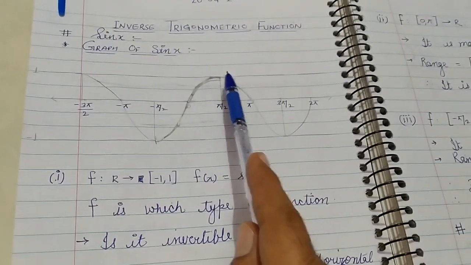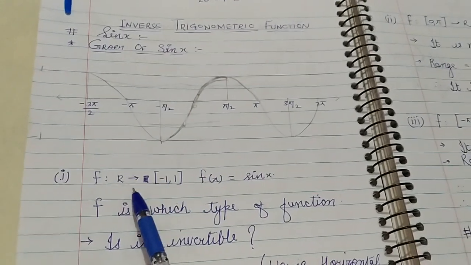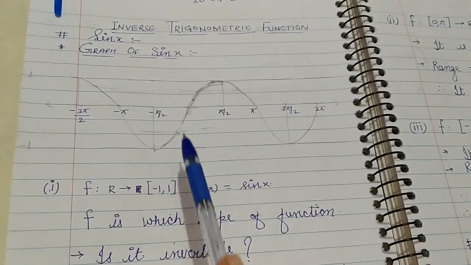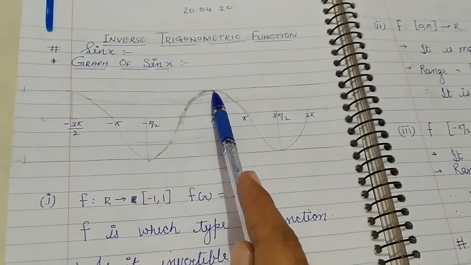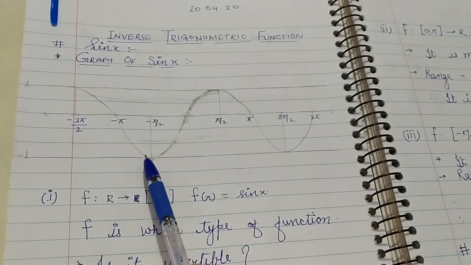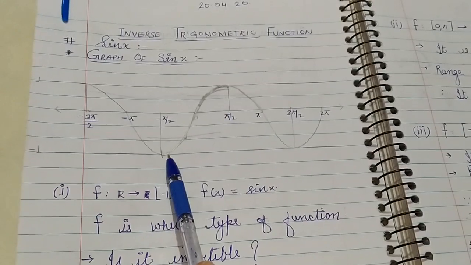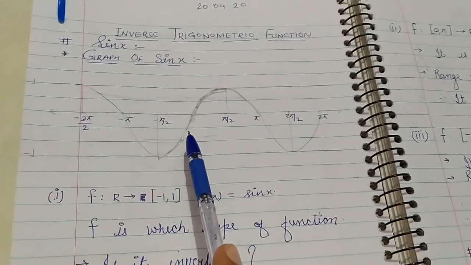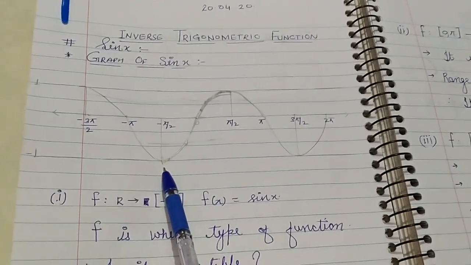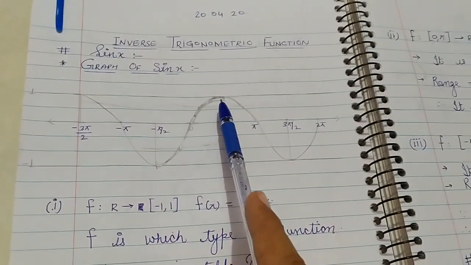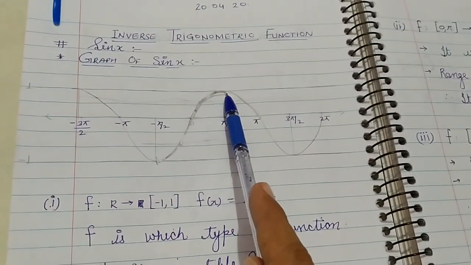Now what about the range of this function under this condition? If we consider the complete wave, the minimum value of y attained by this curve is -1 and the maximum value attained is +1.